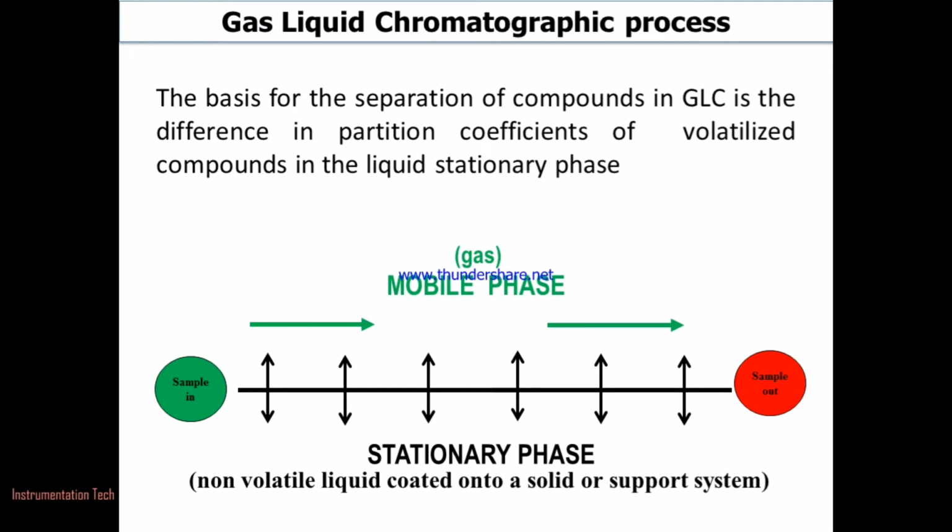Gas liquid chromatography is a form of column chromatography where the stationary phase is a non-volatile liquid. This phase is dispersed over the surface of an inert solid support.